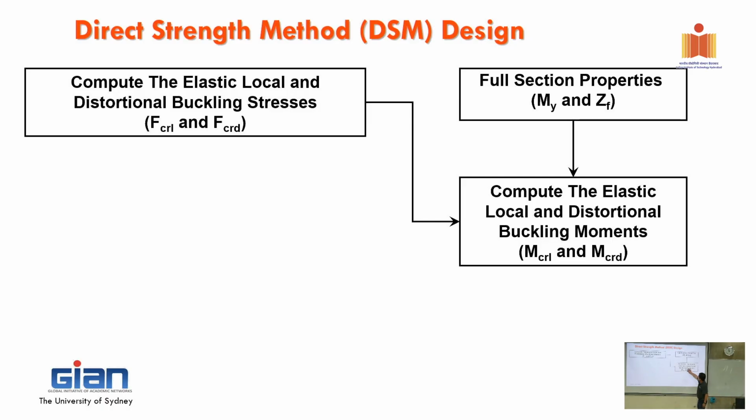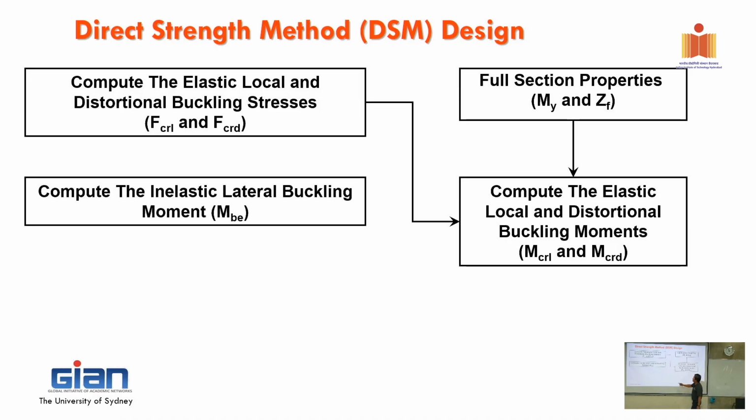Similarly, we can calculate the strength of the member in local buckling and the strength in distortional buckling. And the equation will cover all what we talk about, the residual stress, imperfection, post-buckling, and everything is built into the strength here.